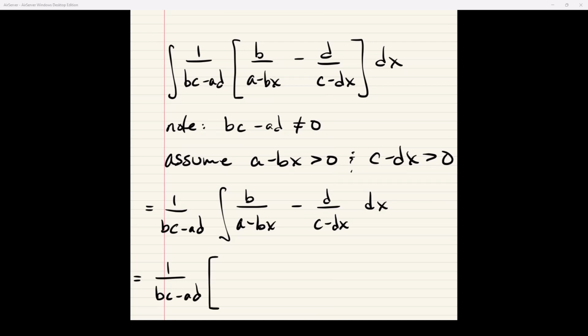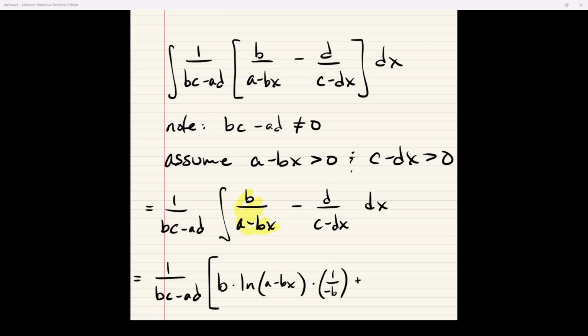And then this guy right here is going to go to ln, and it's going to be a constant b times the ln of, and because that denominator is not negative, I can just say ln of a minus bx. But then to compensate for the effect of the chain rule, there would be a times negative b, so I need to compensate for that. So I'm going to say times 1 over negative b to compensate for the chain rule.